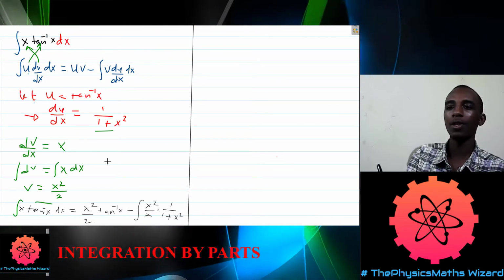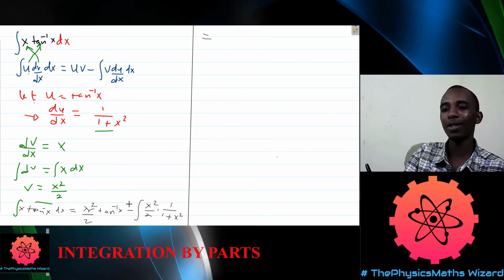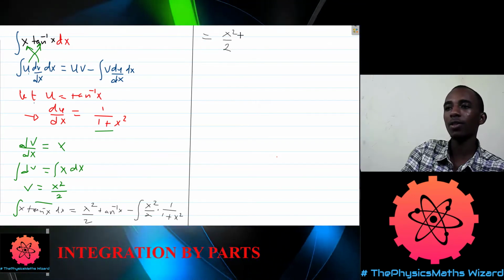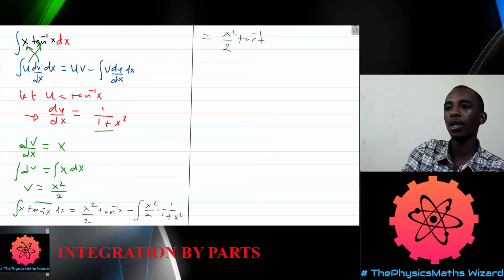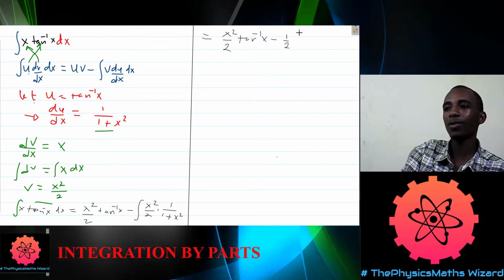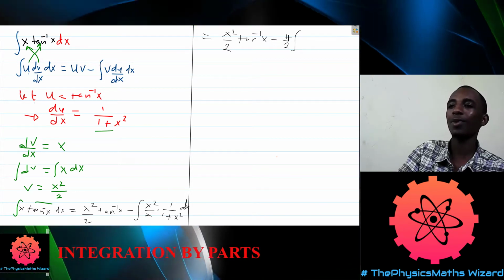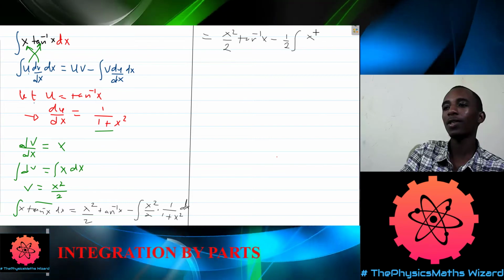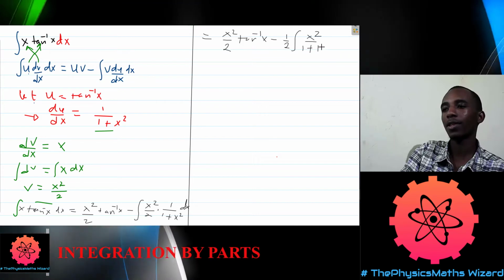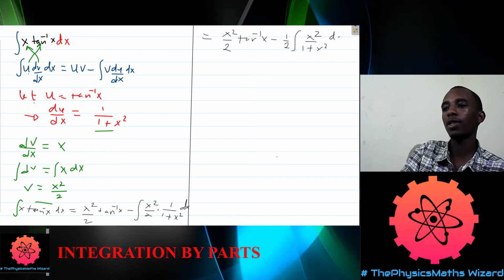Let's proceed. So now I'll just write only the right hand side. That's equal to x squared divided by 2 arctan of x minus, I'll pull out a half as a constant, the integral of x squared divided by 1 plus x squared dx.